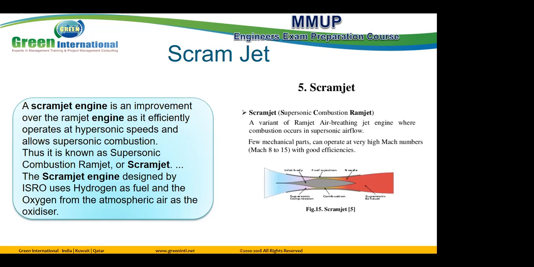The scramjet works at hypersonic speed, not normal supersonic, and hypersonic speed starts from almost Mach 4 to 5 and goes up. It is designed using hydrogen as fuel and oxygen from the atmosphere.